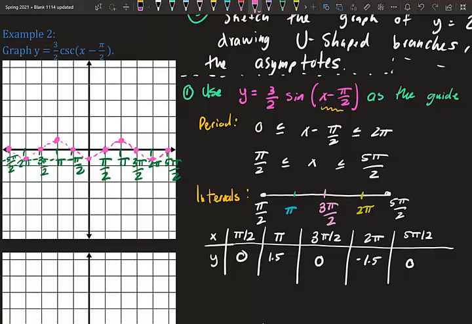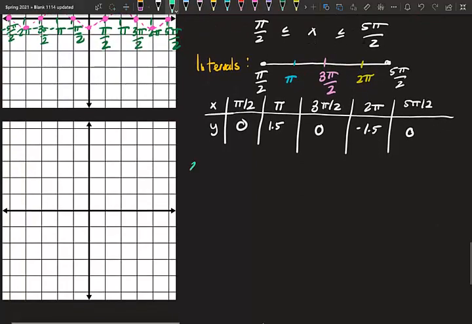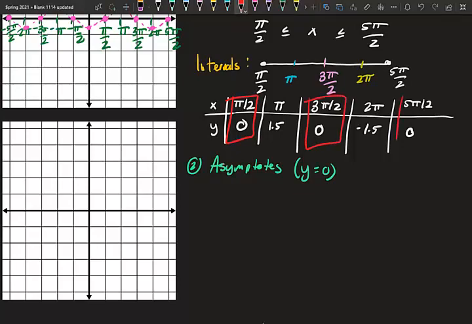Now we can use that to find our cosecant function. But before we do that, we need to find our asymptotes. So our second step is to find asymptotes. Remember, asymptotes are when y is 0. So y is 0 here, here, and here.